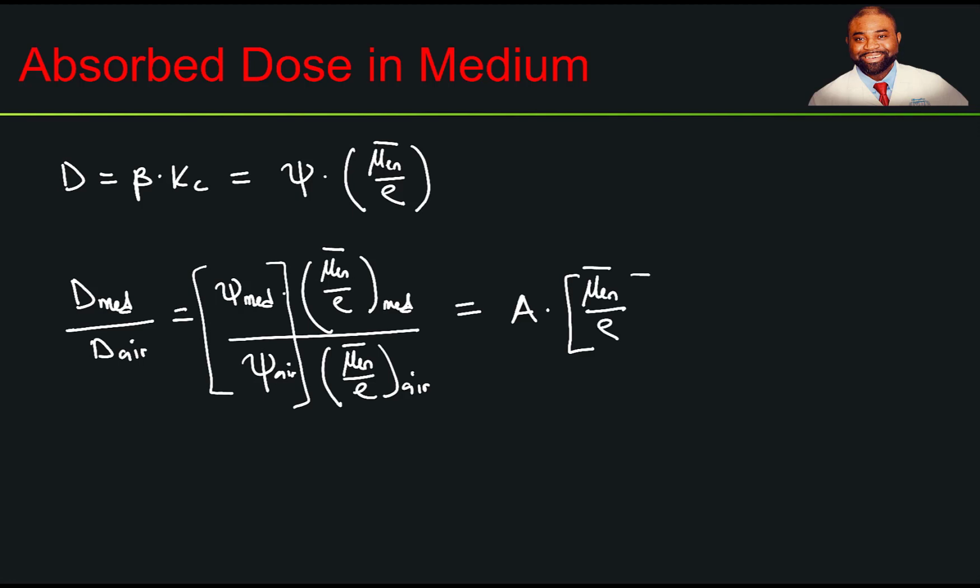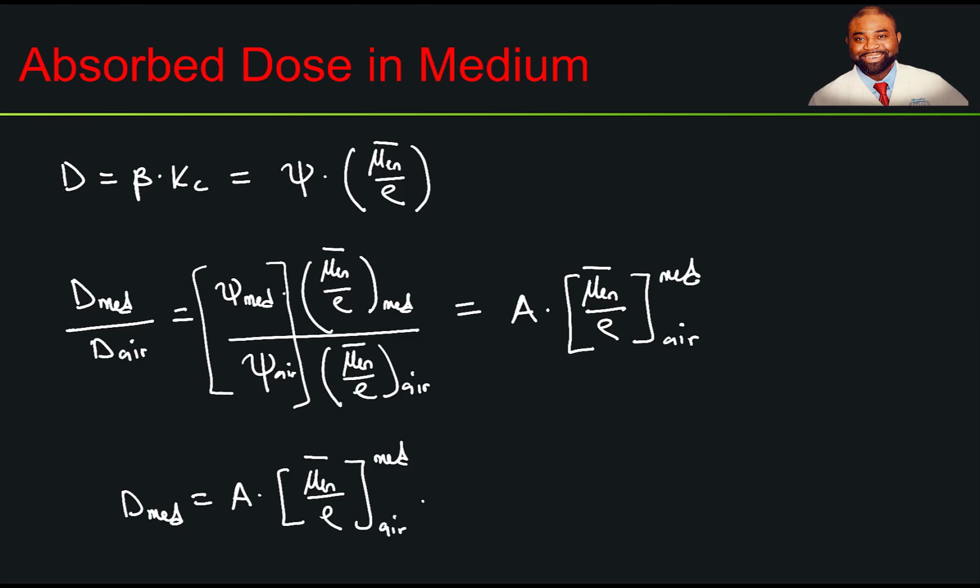In other words, the dose to medium is equal to the transmission factor multiplied by the average ratio of the mass absorption coefficient of medium to air, multiplied by the dose in air.